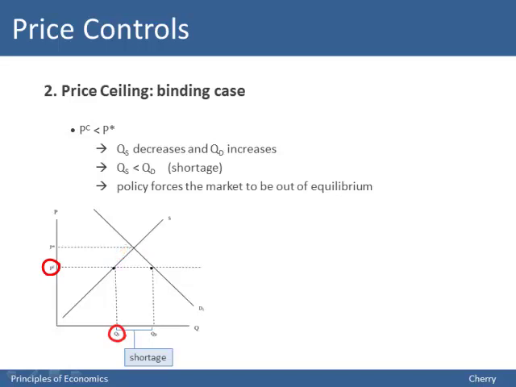And as prices fall, you move down the demand curve, quantity demanded increases, and you end up at the quantity demanded. Whereas before, quantity demanded equaled quantity supplied in equilibrium. Now that the price has been forced below the equilibrium price, quantity demanded is greater than quantity supplied, and that is your shortage.